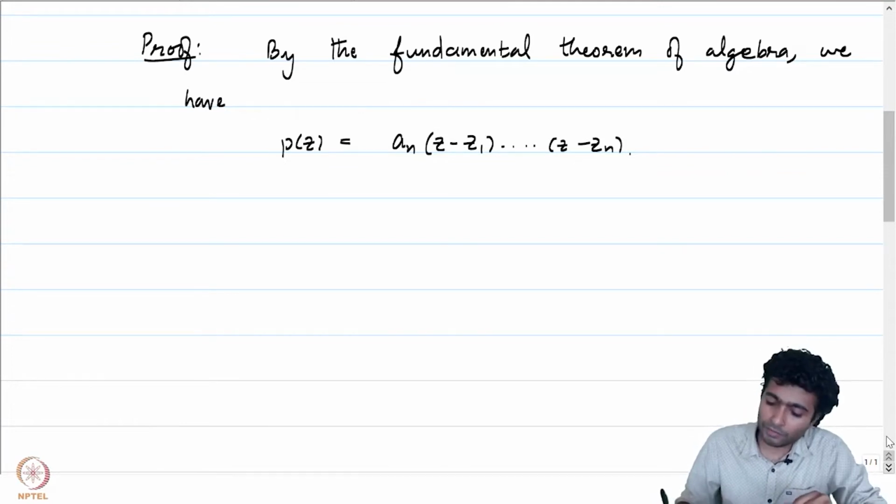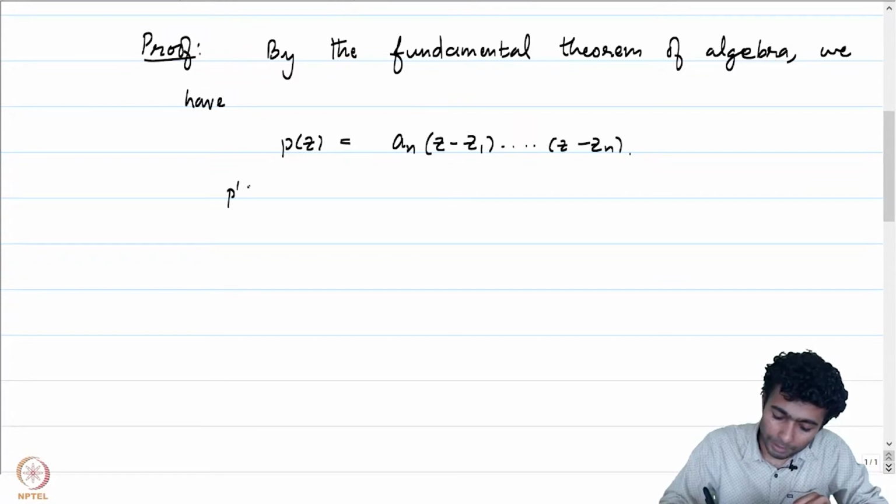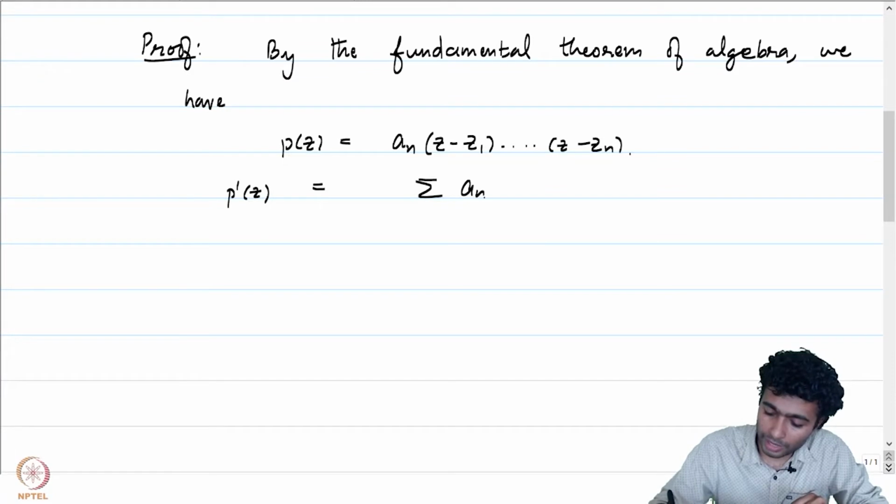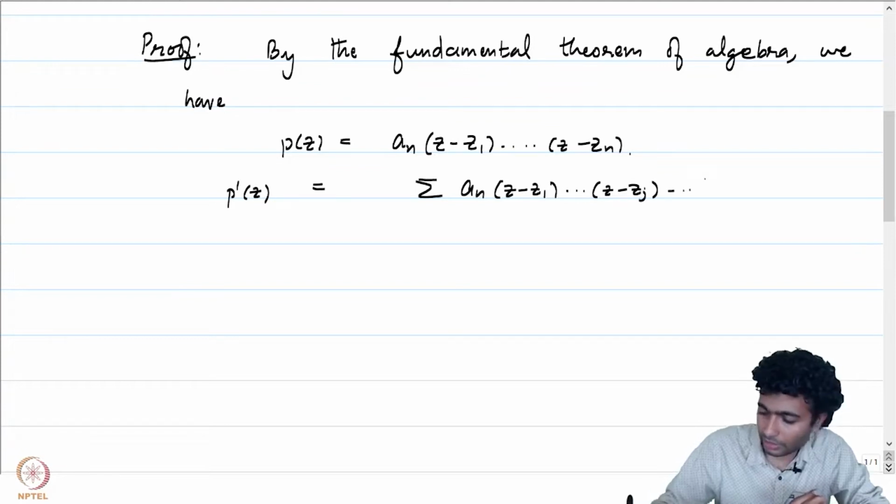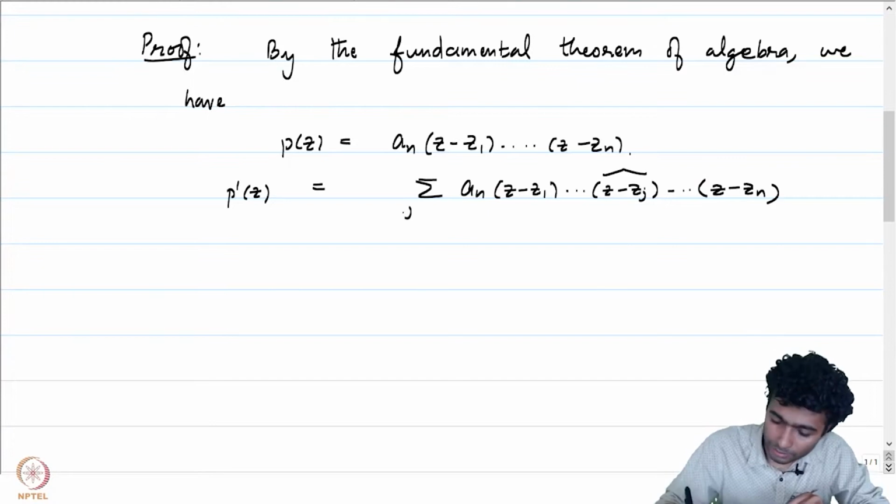Now if we look at p prime of z, that is going to be equal to the summation of a_n times (z minus z1) ... (z minus zj hat) ... (z minus zn), and this sum is going from 1 to n.